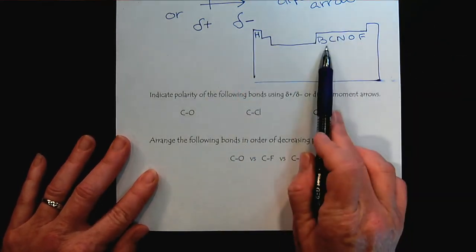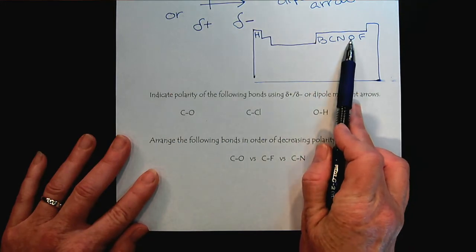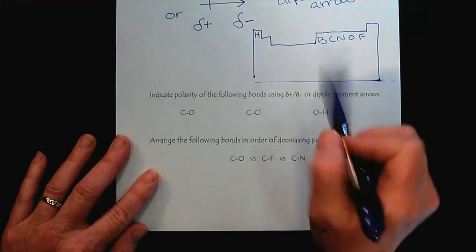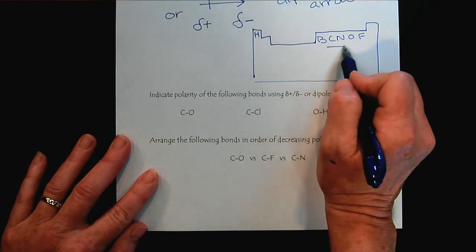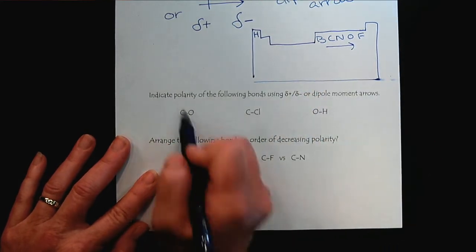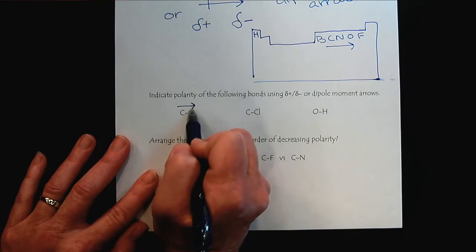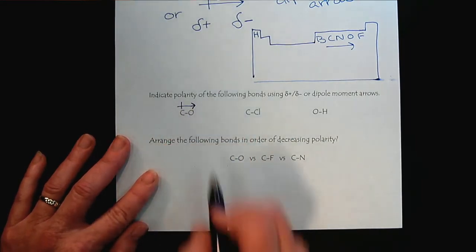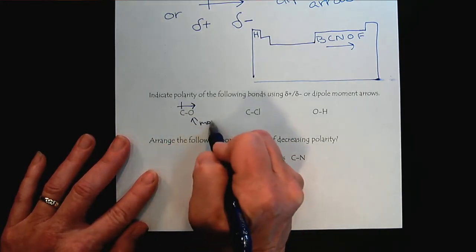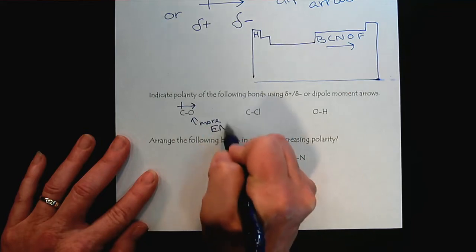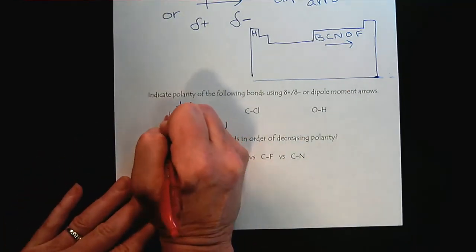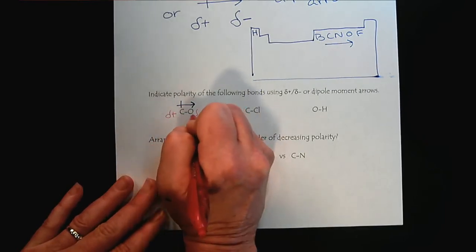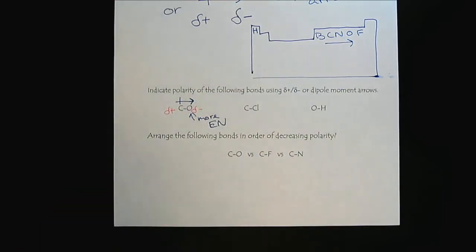Based off of electronegativity, electronegativity increases to the right. So we would write our dipole moment arrow pointing towards oxygen because it's more electronegative. Or we could write a partial plus on the carbon and a partial minus on the oxygen.